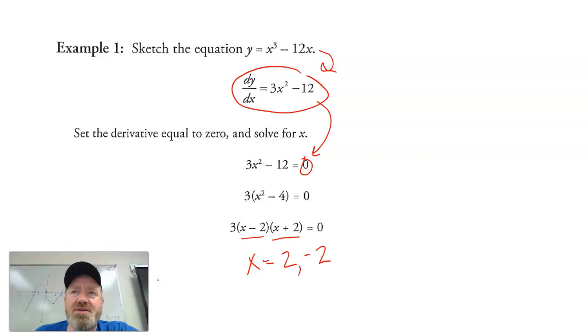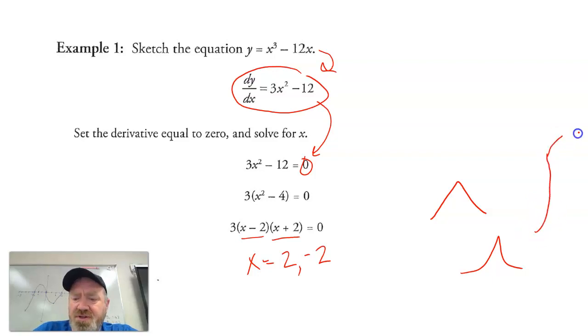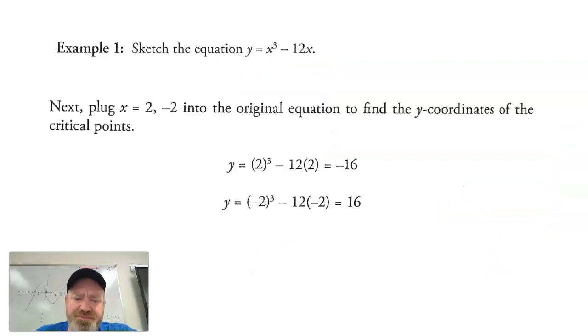Critical values are either maximums, minimums, or sometimes they're where the original function is not differentiable, which could be an asymptote, which could be like a corner or a cusp. Remember our corners on graphs or our cusps on graphs, or it could be where the function goes completely vertical and the slope is undefined. So all of those could be a critical value.